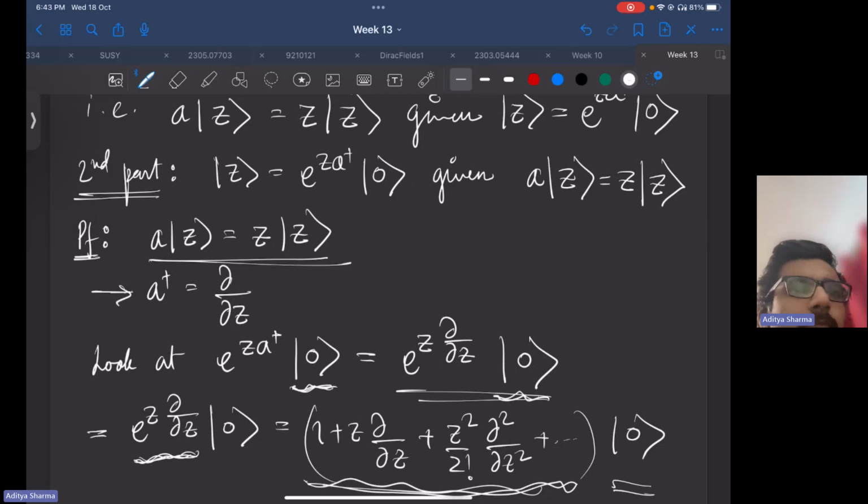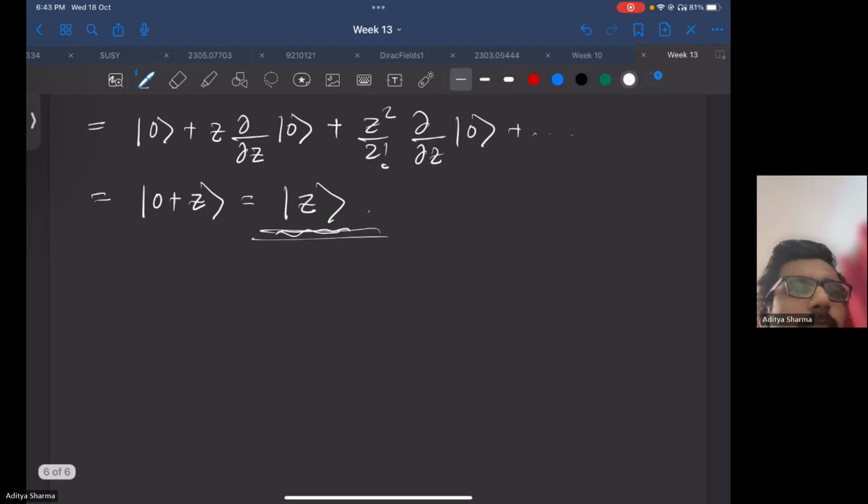So given this, this follows, and once you have got this, then this follows. So we showed that these two things are consistent. We will try to show.